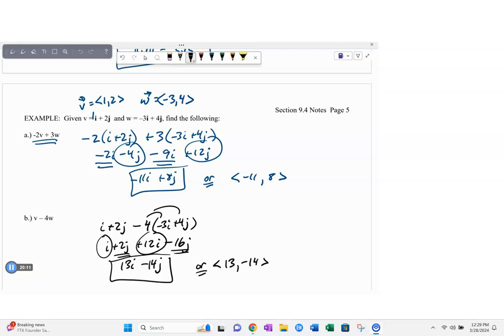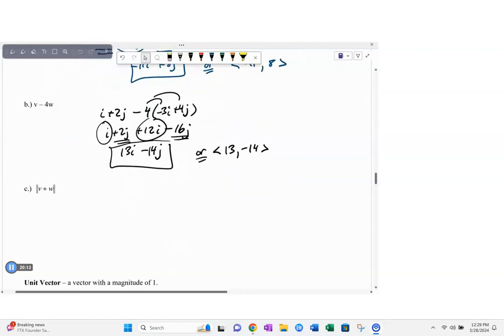All right, how about the magnitude of v plus w? First we've got to find v plus w, right? What is v plus w first of all? And then we'll address the magnitude of that.